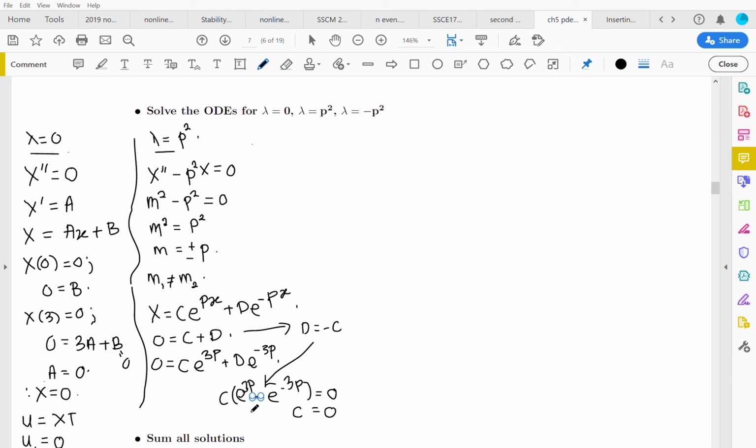So c equal to 0. Due to this, d equal to negative c, so the value for d is also equal to 0. If we substitute c equals 0, d equals 0, for the second case X is also equal to 0. Similar explanation as before, u equal to XT. So now I will mark the solution as u2 equal to X multiplied with T. X is 0, so we have also a 0 solution here. No need to solve equation for T for this.